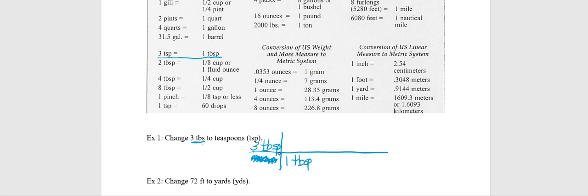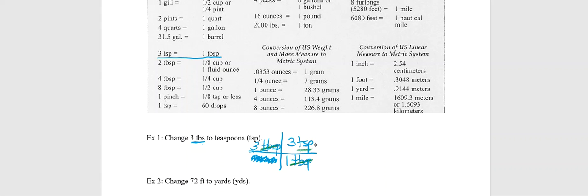Now that is equal to 3 teaspoons, so I'm going to put the 3 TSP on the top. The rationale behind that is that if I have something on top and something on bottom, they cancel out. So this tablespoon is going to cancel out with this tablespoon, leaving me with a single unit of teaspoons. Now, I don't need that big old line, so I can go ahead and make it a little bit smaller.